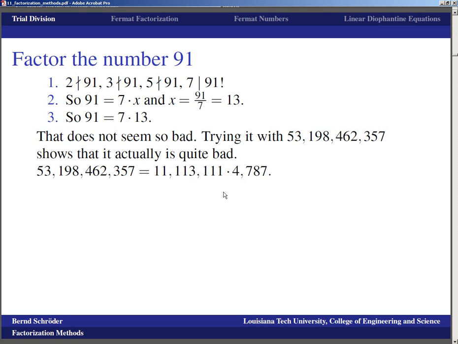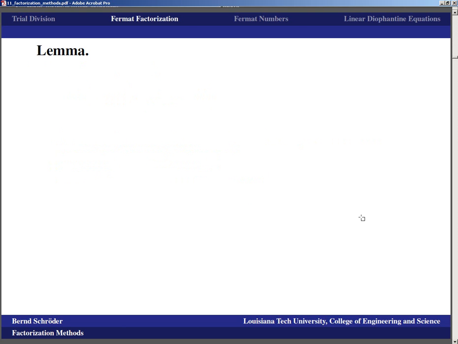I basically went into my computer algebra system, MathCAD, and just typed in a large number and asked for the factorization, and then messed around with it until I had an ugly factorization, right? This is one that is really hard to factor, because we don't easily, or with an elementary method, jump to 4,787 and say, yes, that is one of the factors, and now let's divide.